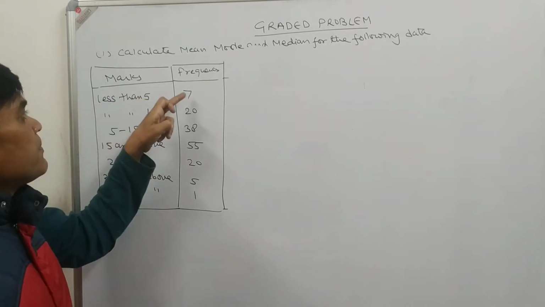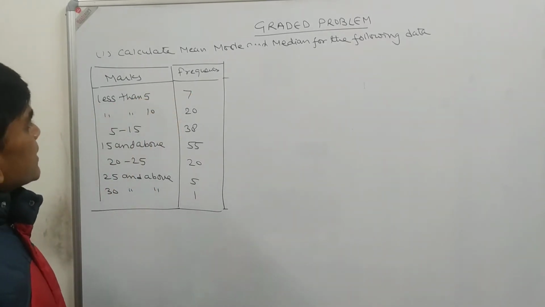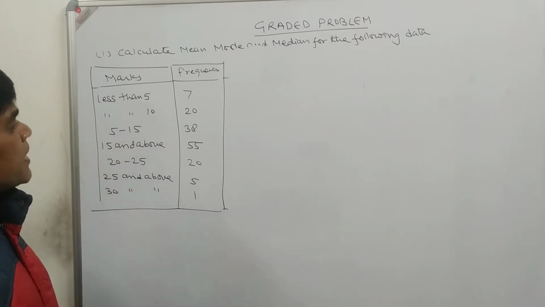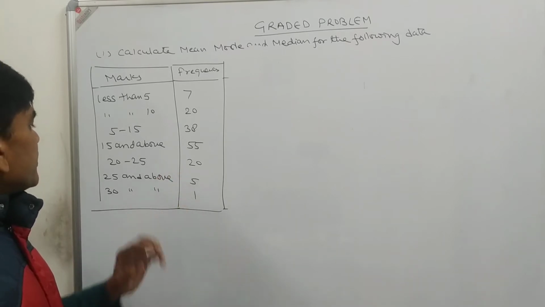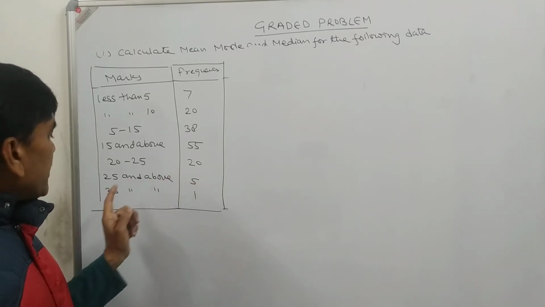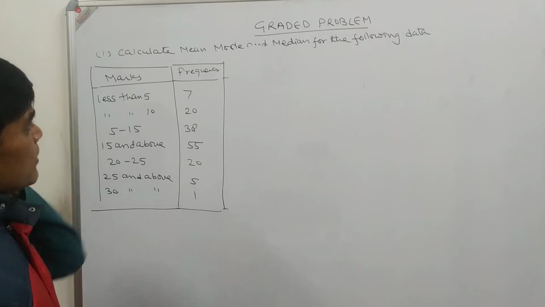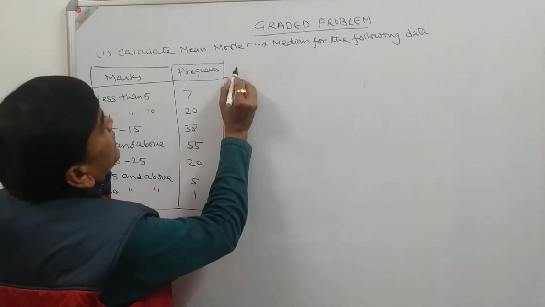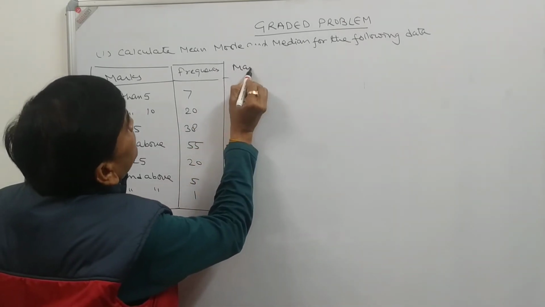Marks less than 5 is 7, marks less than 10 is 20, 5 to 15 is 38, 15 and above is 55, 20 and above is 20, 25 and above is 5, and 30 and above is 1. So the very first thing, we will make the class interval of marks.